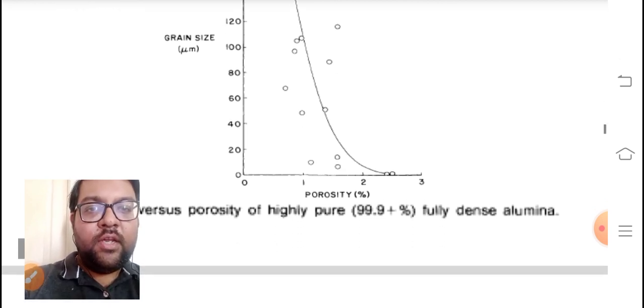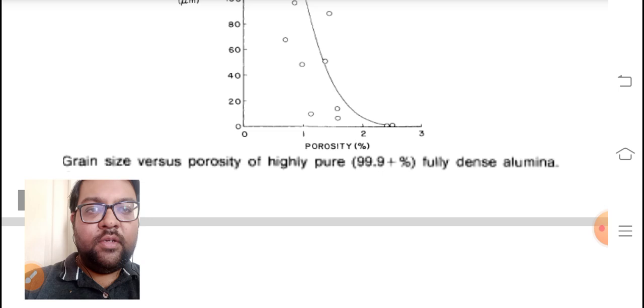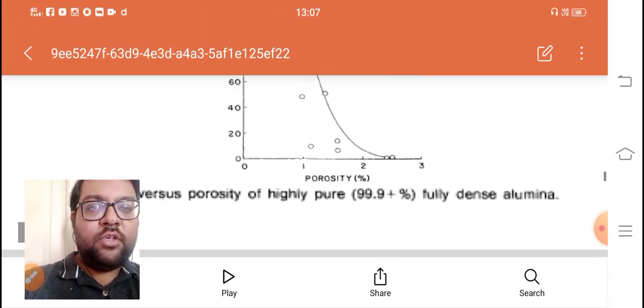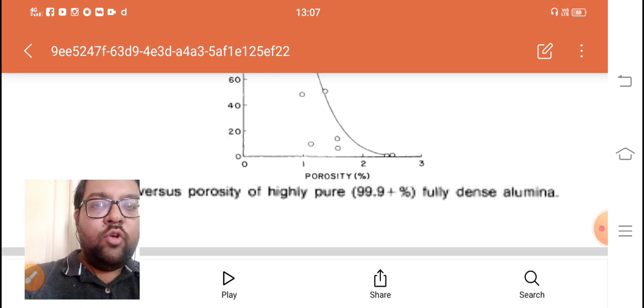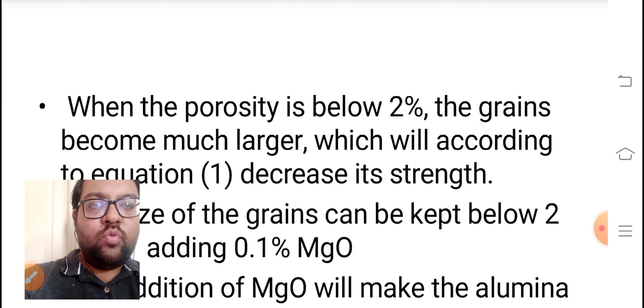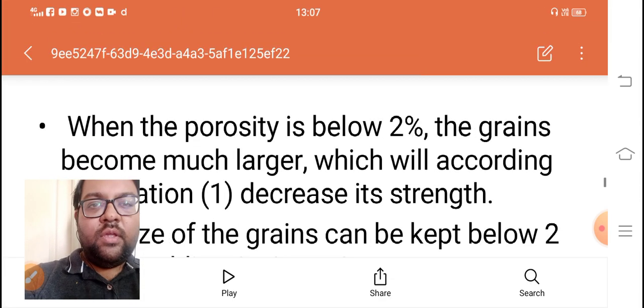So when porosity increases, the grain size is decreasing. This is grain size versus porosity of highly pure, fully dense alumina. When the porosity is below 2%, the grains become much larger, which, according to equation 1, will decrease its strength.